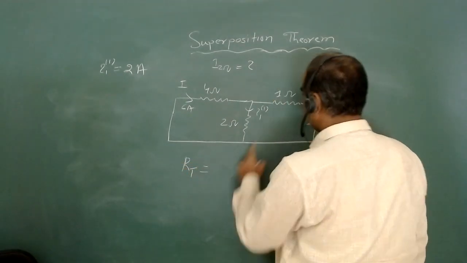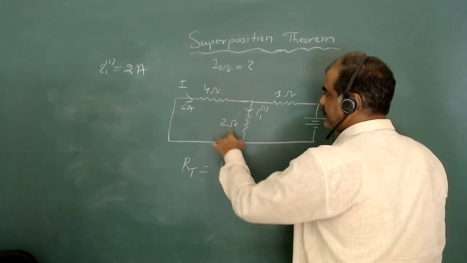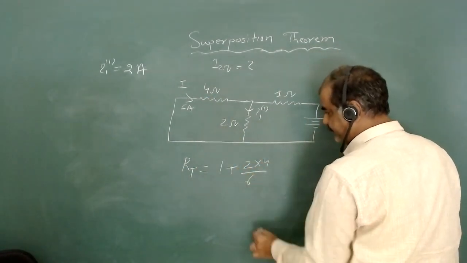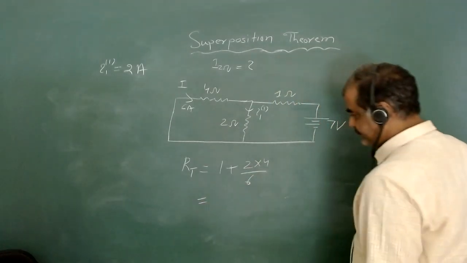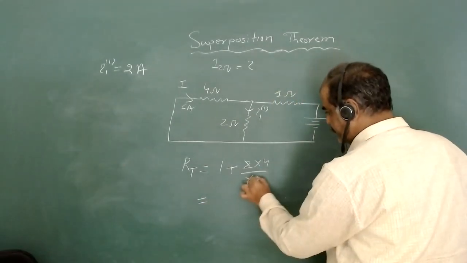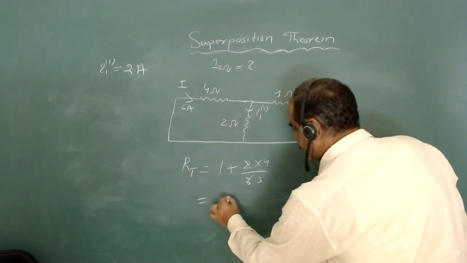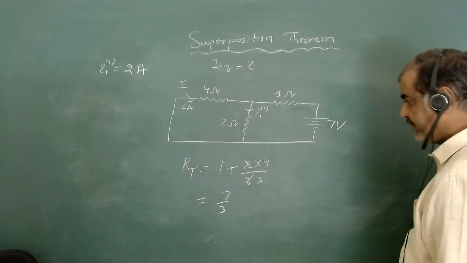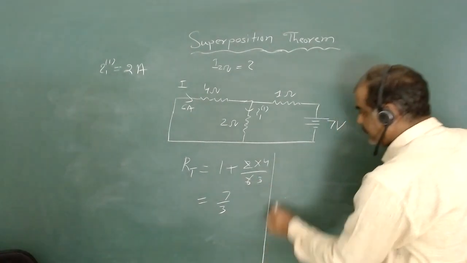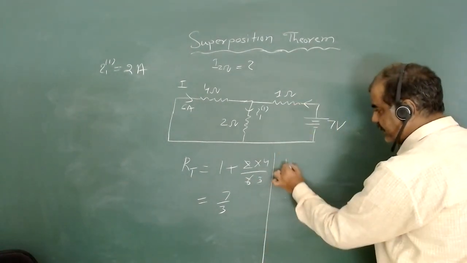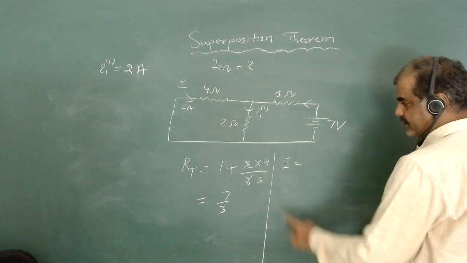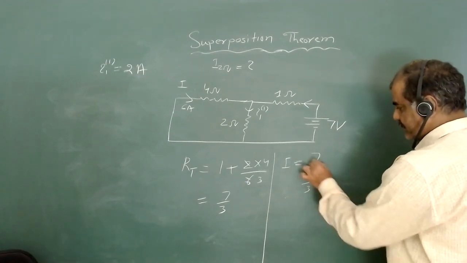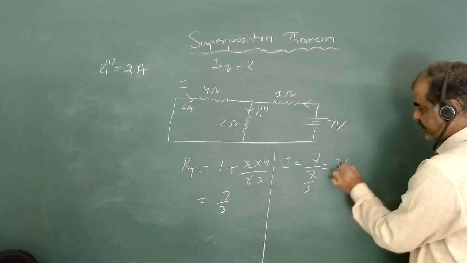The total resistance is 1 plus, again, this 2 and 4 are in parallel, so this becomes 8 upon 6, which is 4 upon 3. So 3 plus 4, 7 upon 3. The total current I will be the total voltage 7 upon the total resistance 7 upon 3, so the total current is 3 ampere.